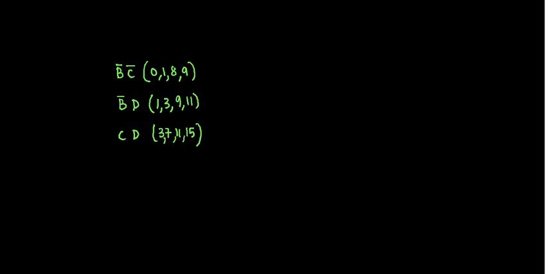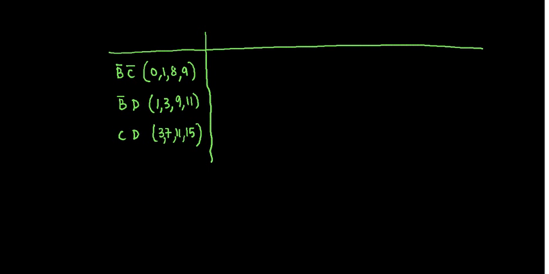Make a table like this. ओके. मैंने original expression देखो, original expression में कौन से min terms हैं बोलो? 0 1 3 7 8 9 11 15. Is it okay? Make a tabular format like this.